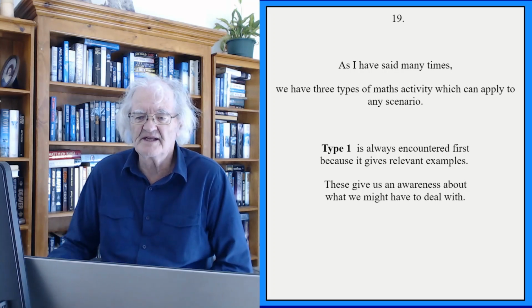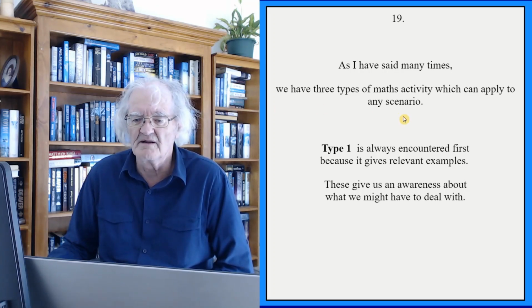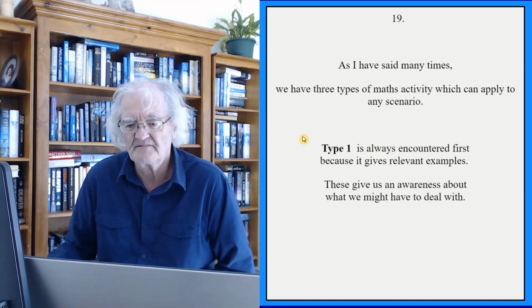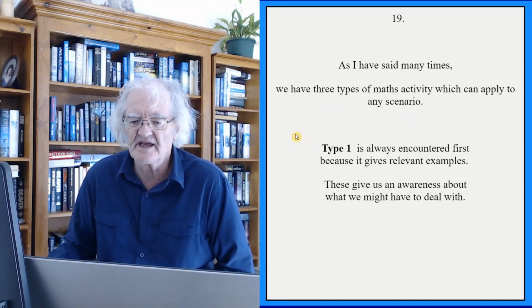As I've said many times, we have 3 types of maths activity which can apply in any scenario. Type 1 is always encountered first because it gives us relevant examples. These give us an awareness about what we might have to deal with.